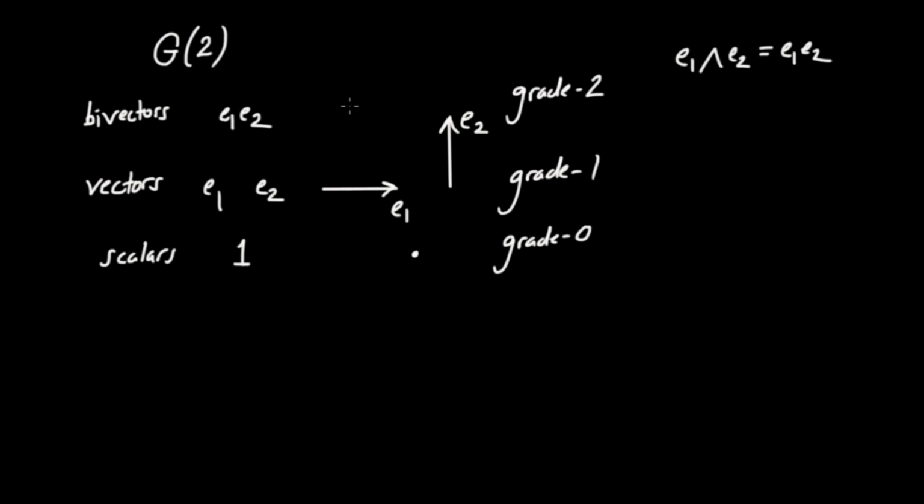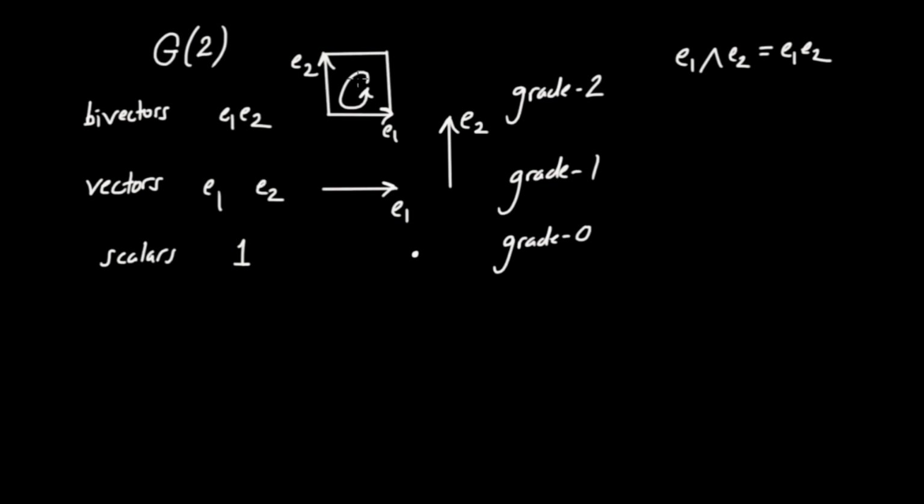And remember what the geometric interpretation of this was. We have E1, then we have E2 there as sides of a parallelogram. Complete the parallelogram, and then we put that circulation symbol in there to denote the orientation of this area element. So this is E1 wedge E2, or E1 E2.